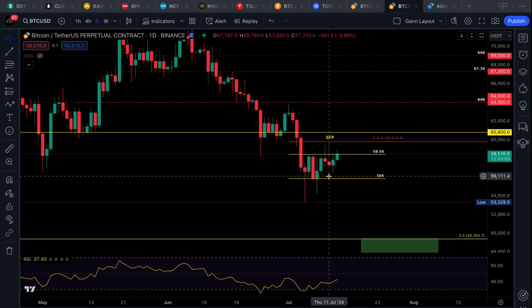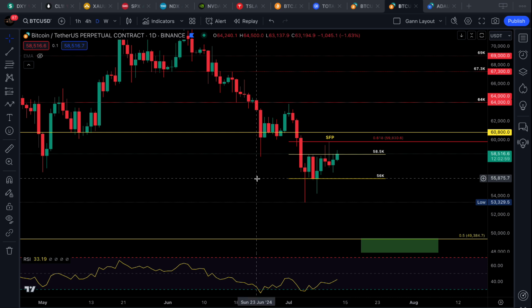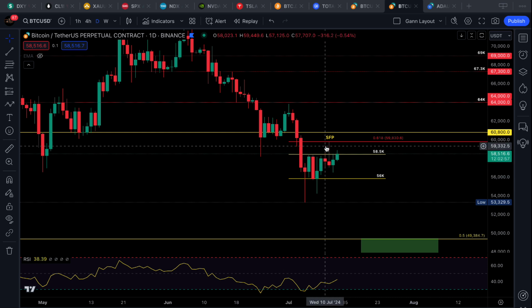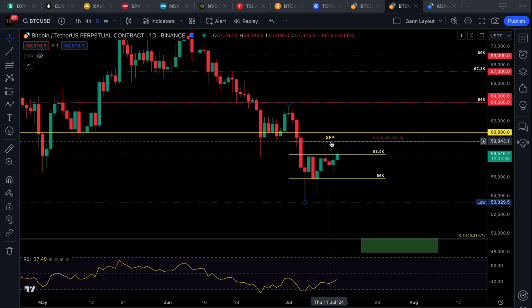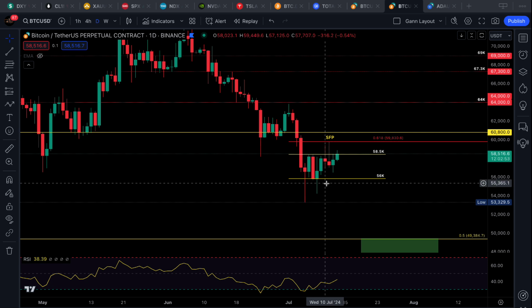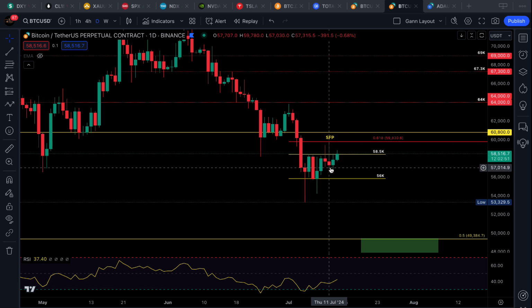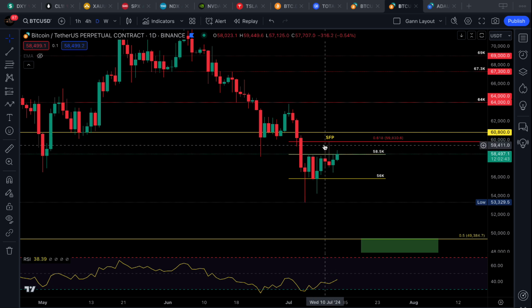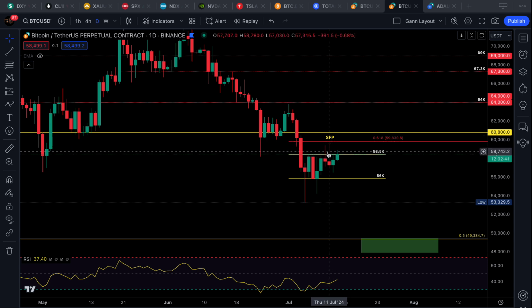What happened on July 11th? Swing failure pattern. Look at this candle, okay? It tells you everything you need to know. It tells you that the selling pressure is still very high, okay? What happened was that institutional investors used this as an opportunity to sell Bitcoin.